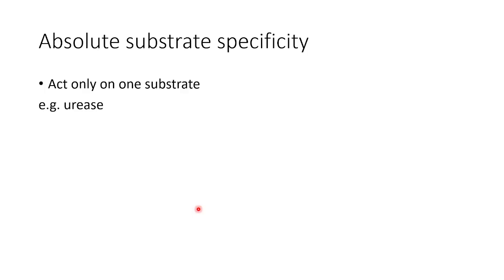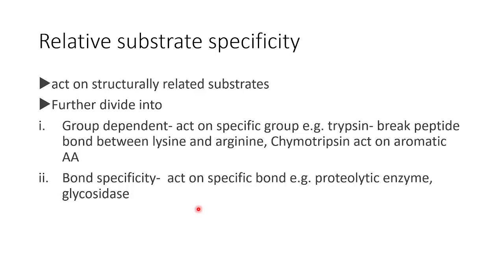Absolute substrate specificity means it should act on only one substrate, like urease. Relative means it should act on structurally related substrates, and it can be group dependent or bond specific. Group dependent means it can act on specific groups, like trypsin breaks peptide bonds involving lysine and arginine.